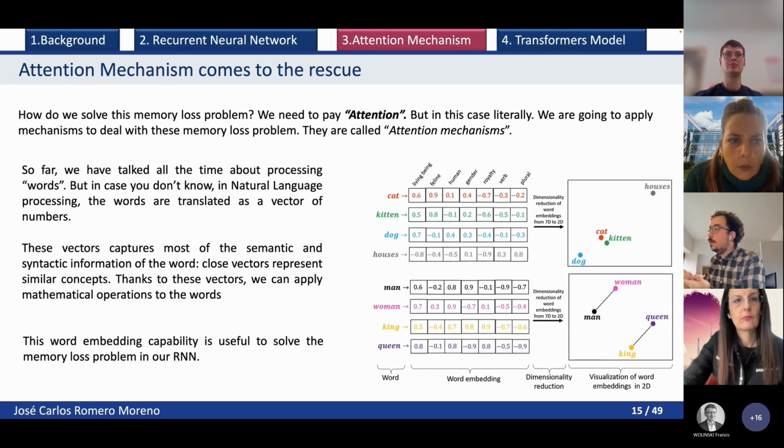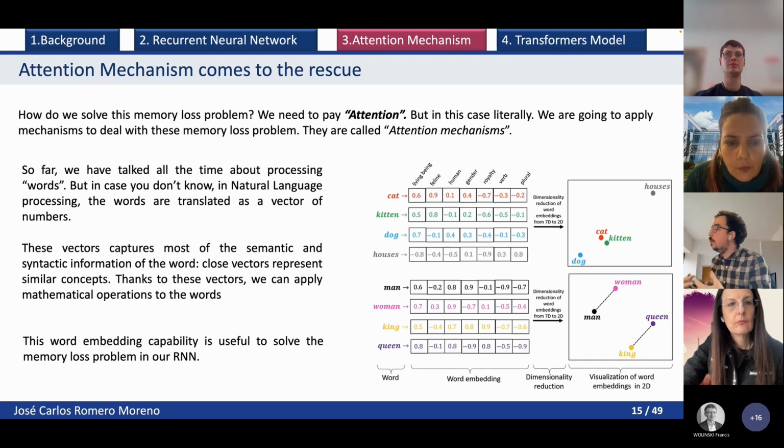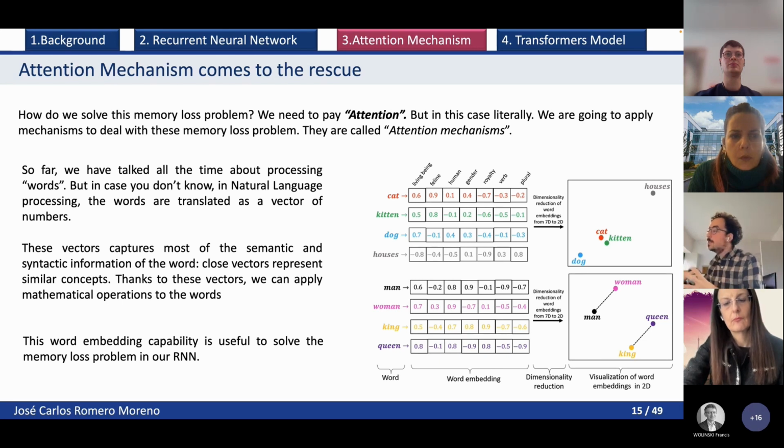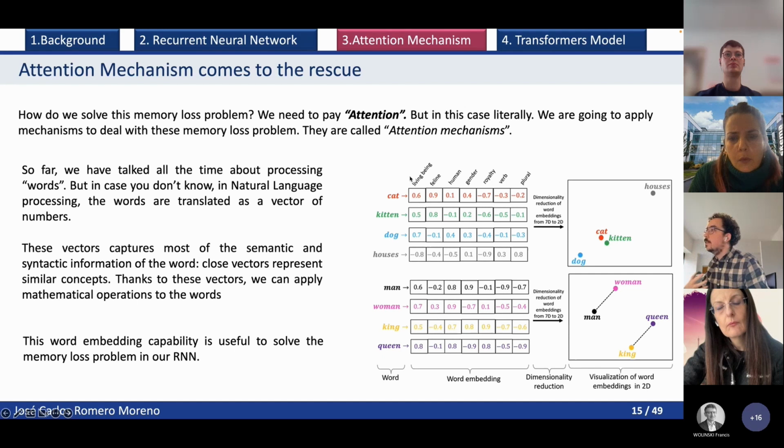Basically, in machine learning you have something called a word embedding model, which is used to process words, because computers only understand numbers. So what we do is convert each word into a vector of numbers. This word embedding model translates the words into vectors of numbers, where each position of the vector represents one concept to describe the word.